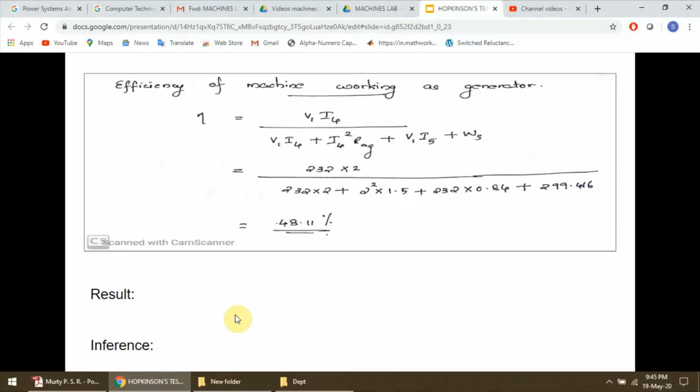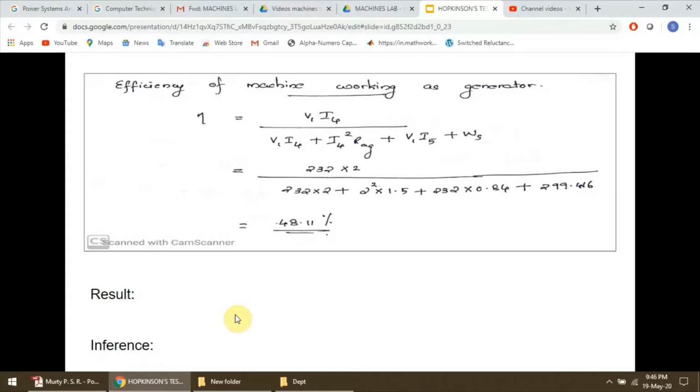Hopkinson's test is the more appropriate option for large machines, because as you keep on increasing the size of the machine, under no load condition you cannot make it run for 5 or 10 minutes as we have done in Swinburne's test. That can be avoided in Hopkinson's test. And whatever power input you take from the supply is only the losses in that machine, so the power input is very less, so Hopkinson's test will be much more suitable.